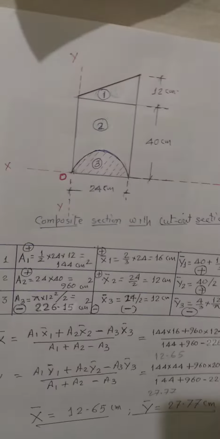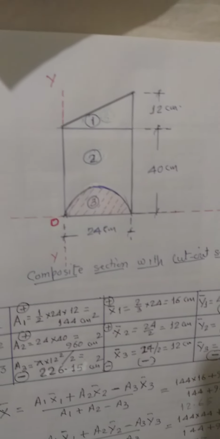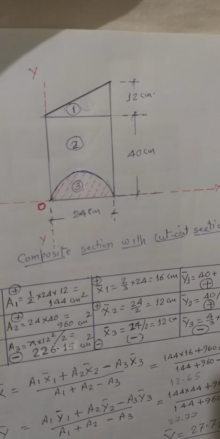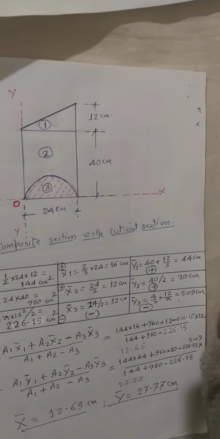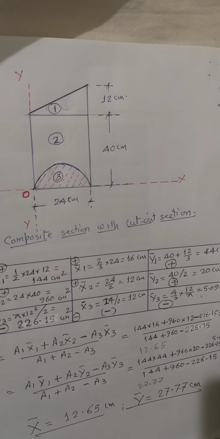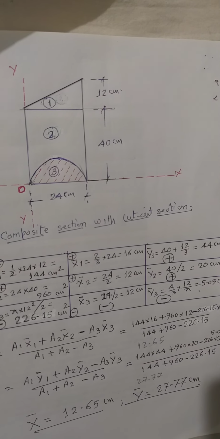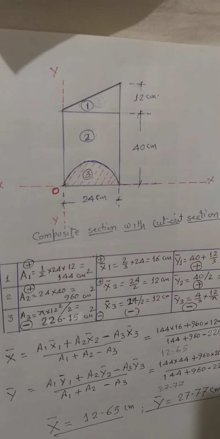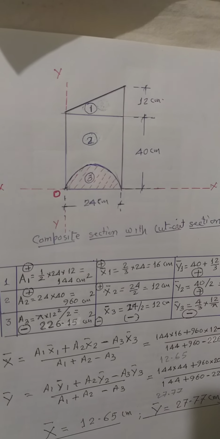Now we will go for the next one. Previously there were only two individual figures: one rectangle, and out of that another rectangle was cut out and thrown away.